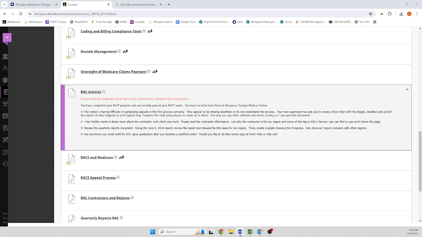The center is having difficulty in completing appeals in the RAC process correctly. They appear to be missing deadlines or do not understand the process. Your new supervisor has asked you to create a flow chart with the stages, deadline, and a brief description of what happens in each appeal step. Complete this task using Shapes or SmartArt in Word.